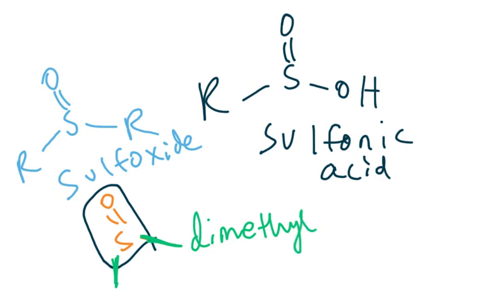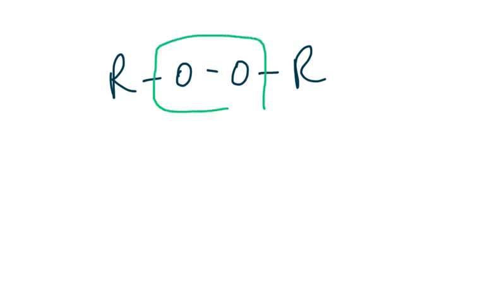This will be important when we talk about reactions that involve reagents such as dimethyl sulfoxide and other important molecules. All right, the last functional group that we should know is this one right here. If we drew this, these two oxygens make up the peroxide functional group.